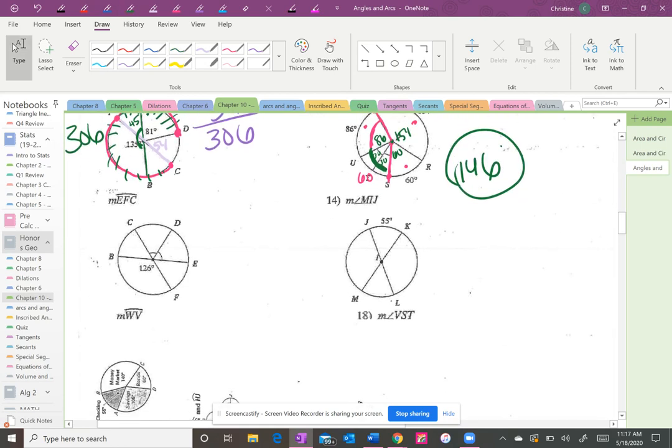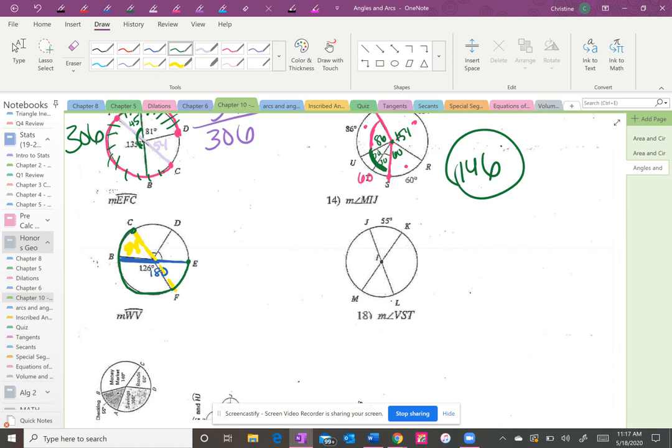Next one, EFC. So E to F to C. Well, let's do this. This is already 180. And then if you look at this diameter, you can figure out what that is because that's 180 minus 126. So this is 54.